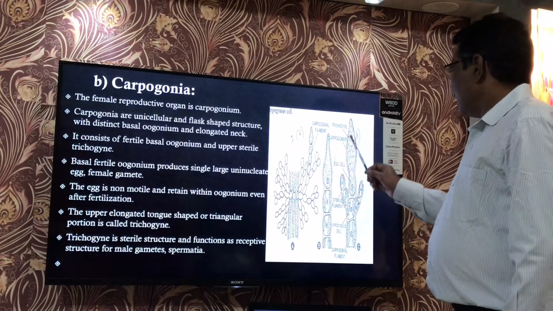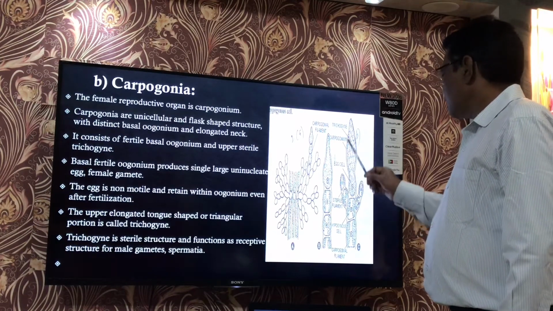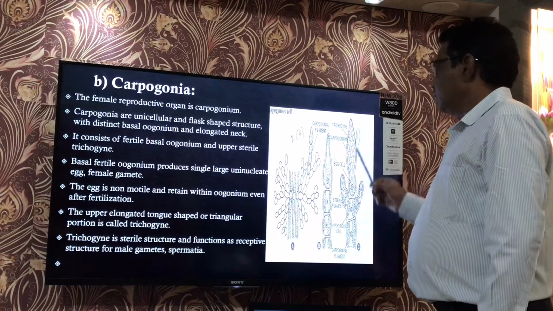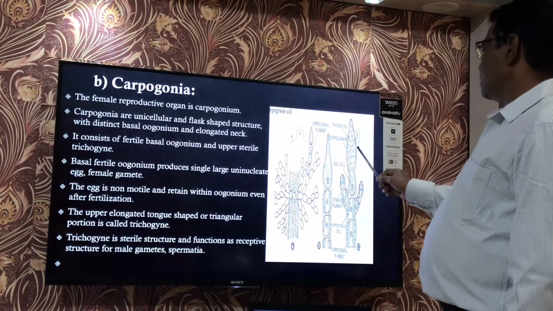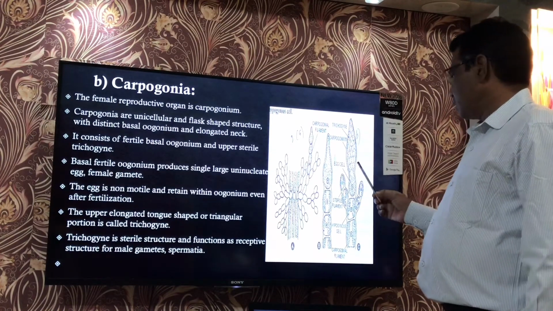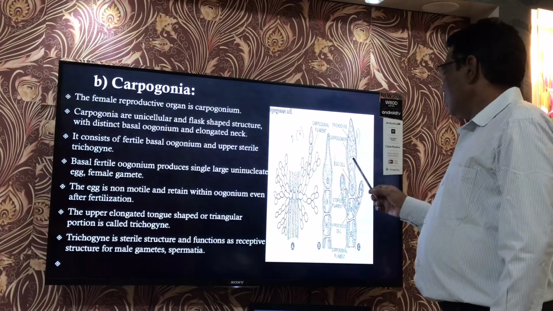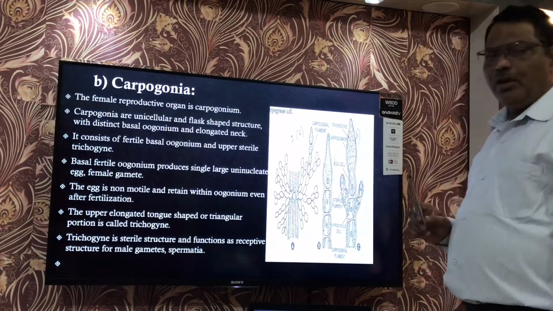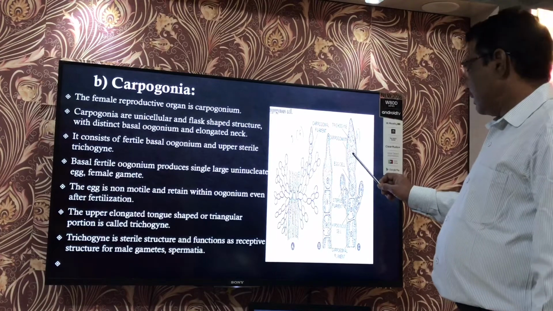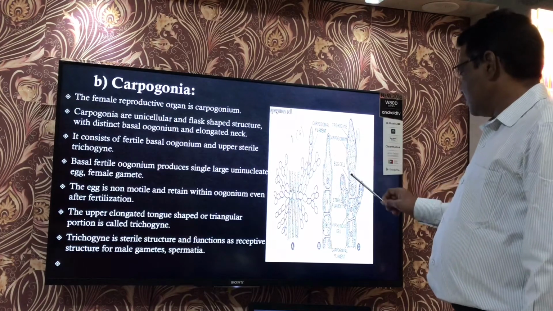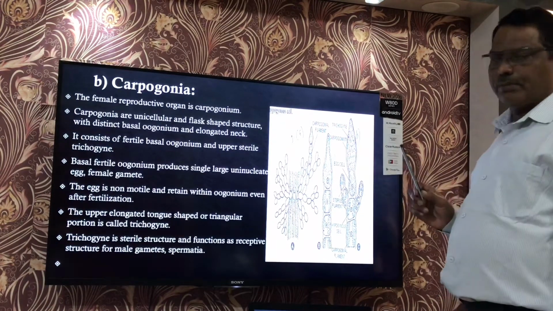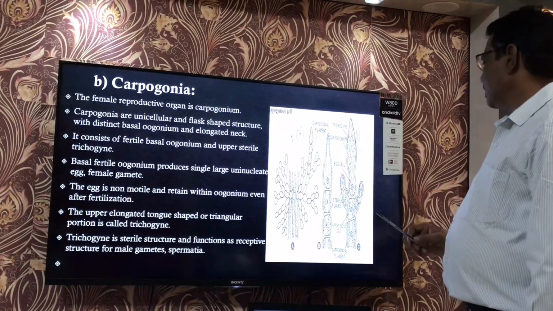Whereas the trichogyne, which is a large tongue-shaped or triangular structure, the shape of this trichogyne varies from species to species, but this trichogyne is enucleate. That means it lacks a nucleus. Cytoplasm is present there, but the nucleus is absent in this trichogyne.